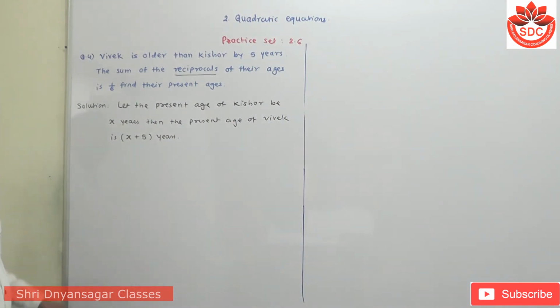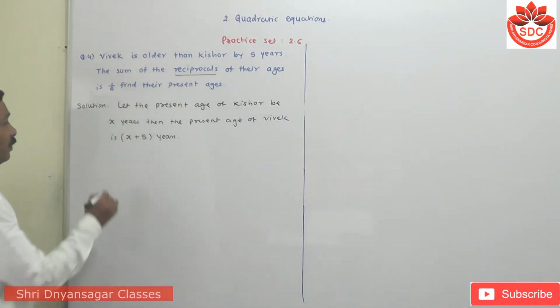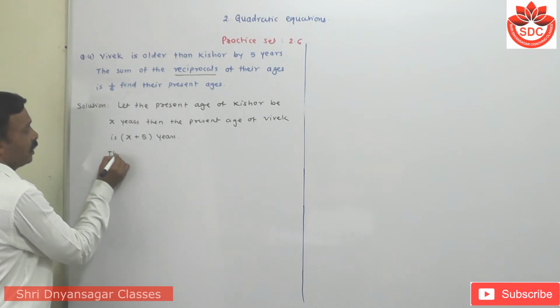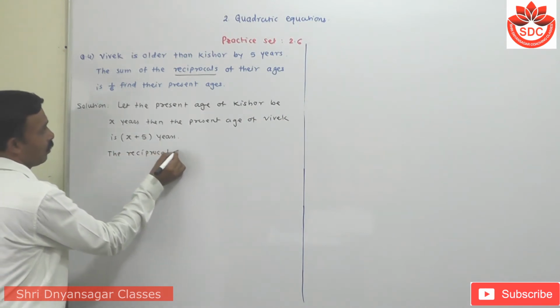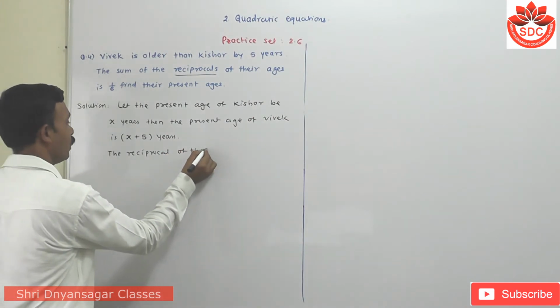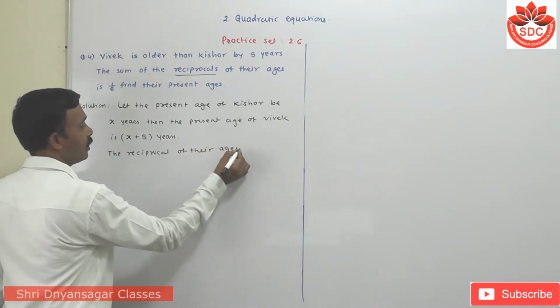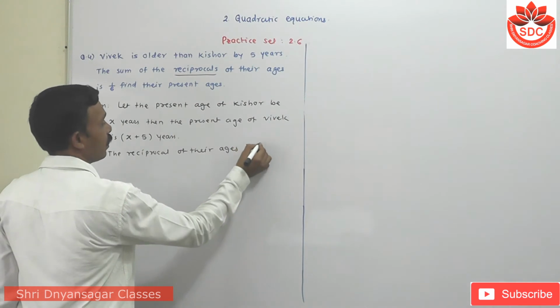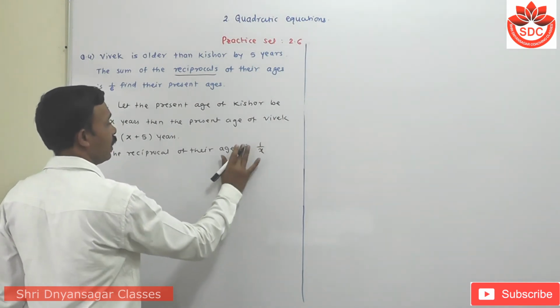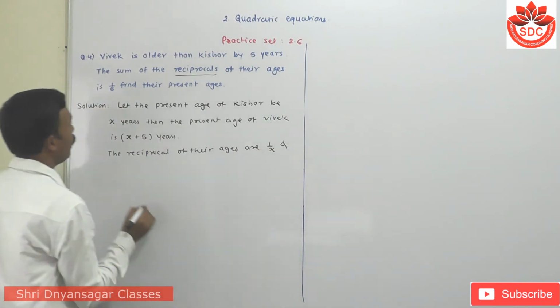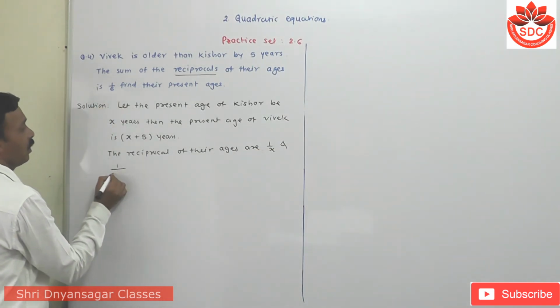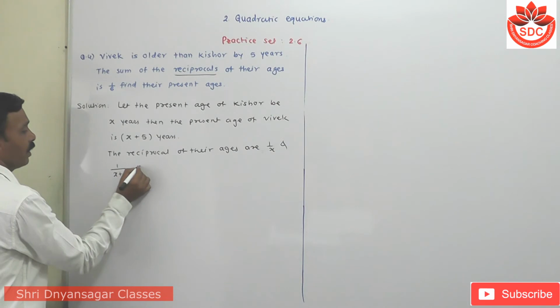Okay, then we have to write its reciprocal. Therefore, the reciprocals of their ages are 1/x and 1/(x plus 5).